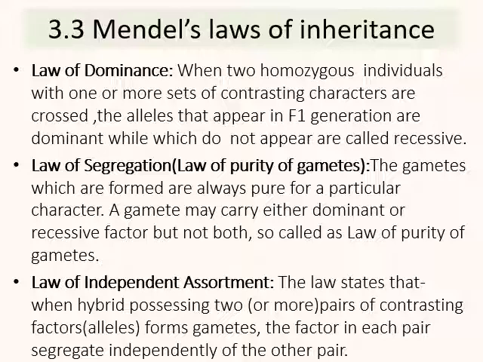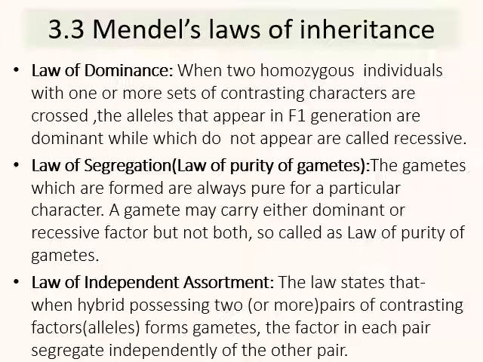And third law, law of independent assortment, which is based only on dihybrid cross. The first 2 laws, that is law of dominance and law of segregation, can be explained on the basis of monohybrid and dihybrid cross, but for law of independent assortment, the explanation can be done only on dihybrid cross.